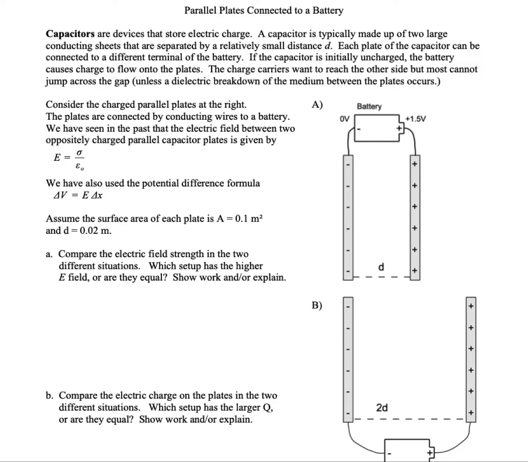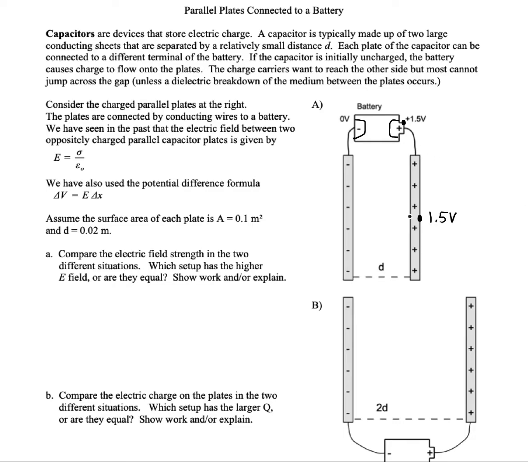Consider the charged parallel plates at the right. They're connected to the battery terminals through conducting wires. We'd like to analyze this situation comparing the electric field and comparing the charge on the plates. Now, first of all, one thing we know about conductors is when they are in electrostatic equilibrium and two surfaces are in contact, then the potential of one point on the conductor is going to be the same as the potential on another part of the conductor.